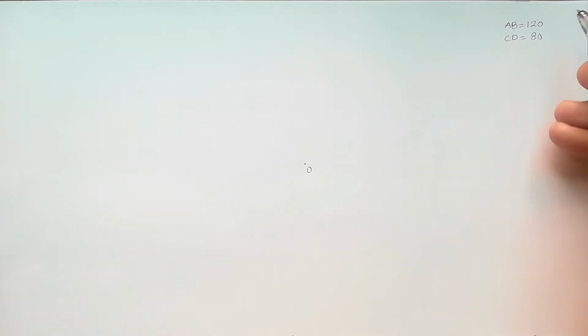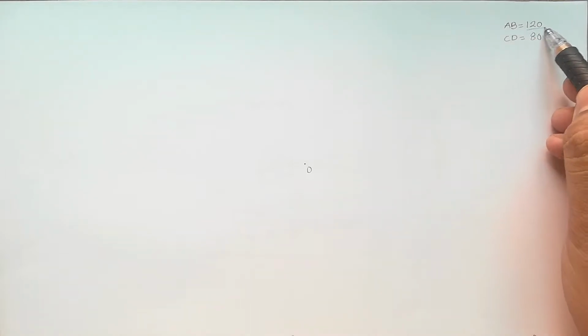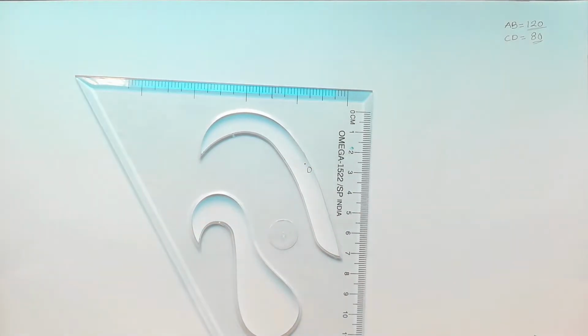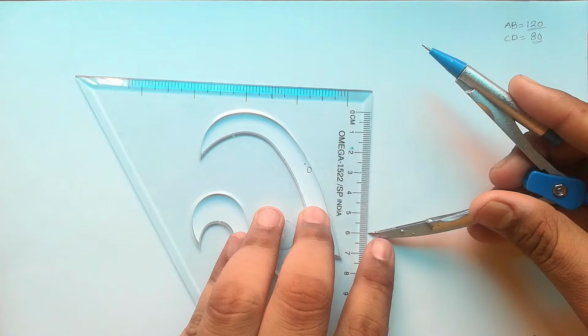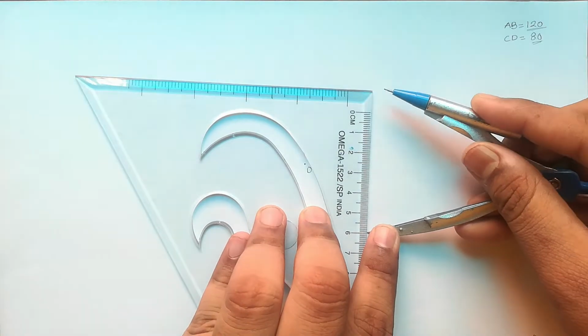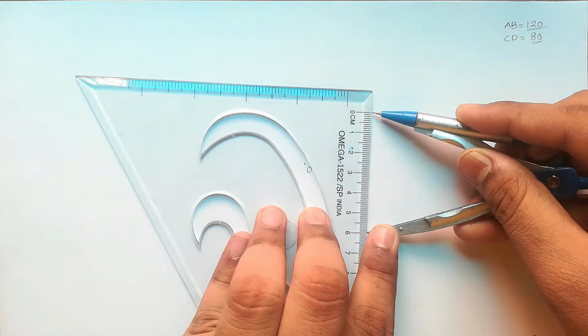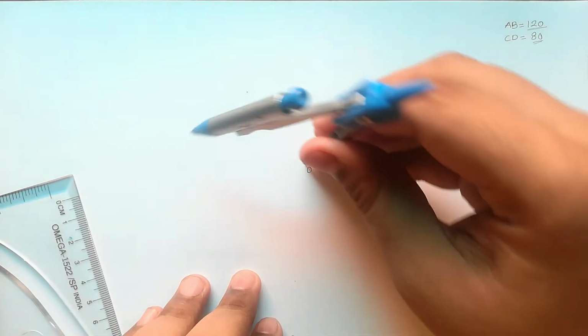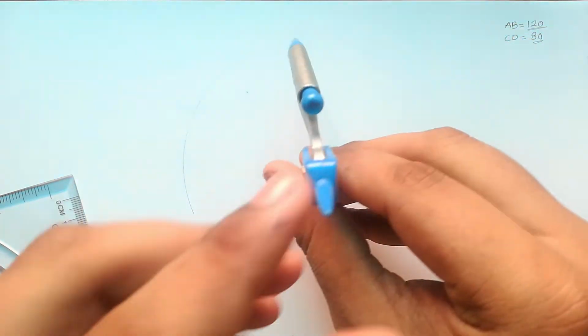So I will draw two circles having a diameter of 120 mm and a diameter of 80 mm respectively. For the very first circle, I need to take a radius equal to 60 mm. So I will take the radius of 60 mm and draw the circle having the diameter of 120 mm. This is my 60 mm radius. I will draw the very first circle that will represent the major axis.